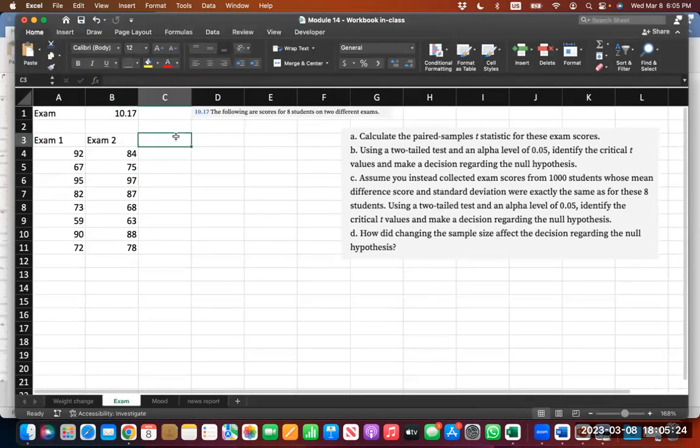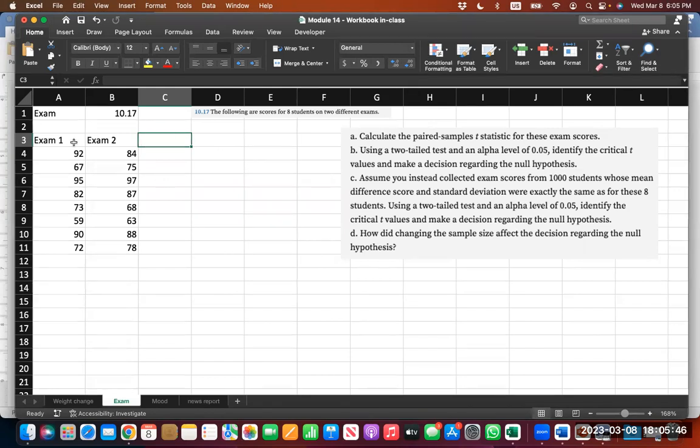Okay, so we have two exams. We have exam 1 and exam 2, and this is the kind of analysis that I essentially look at when I do the wrap-up analysis of whatever I administer to you as midterm exams or quizzes. I want to know whether there was an overall change in the population.